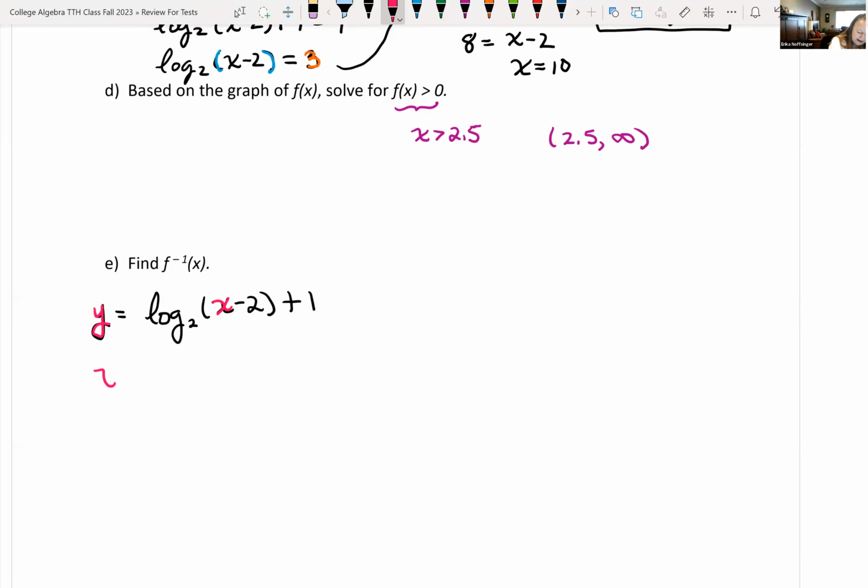So I would get here x is equal to log base 2 of y minus 2 plus 1. I think I might have just stated that we're solving for x, but we're solving for y.